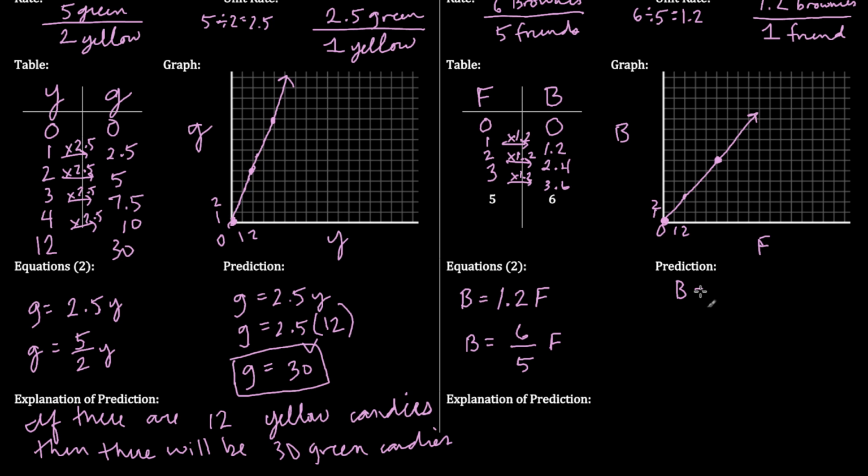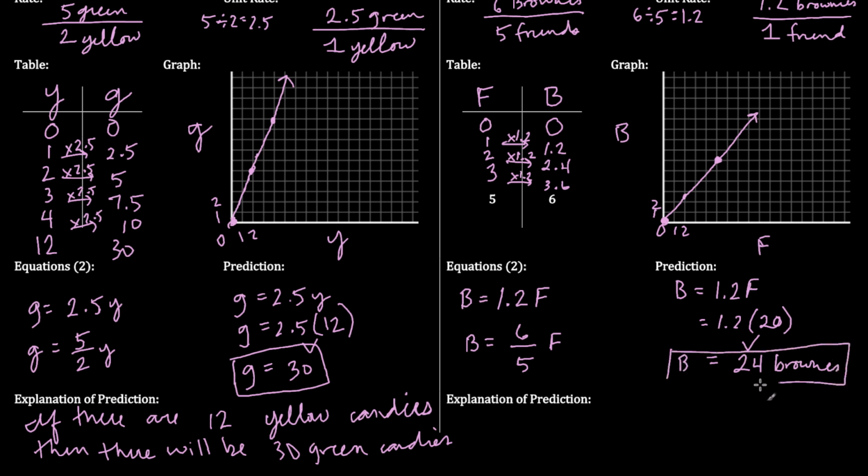I prefer this one. So 1.2 times 20 should be 24 brownies. So 20 friends should be 24 brownies.